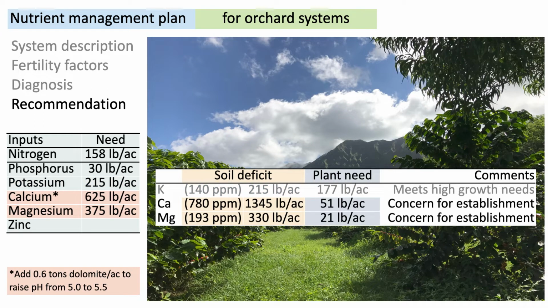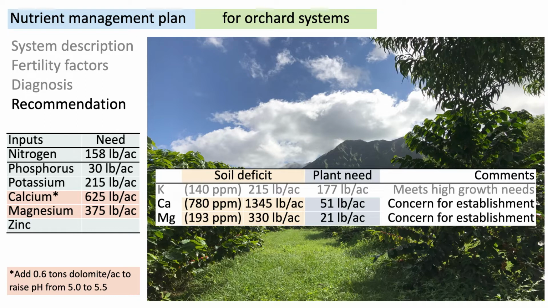Okay, calcium, magnesium, this is where it gets really interesting. Because you remember these soils had trace amounts of calcium, very low in magnesium too. And so here, if we go by what the tree needs, we have 51 pounds and 21 pounds per acre for calcium and magnesium.